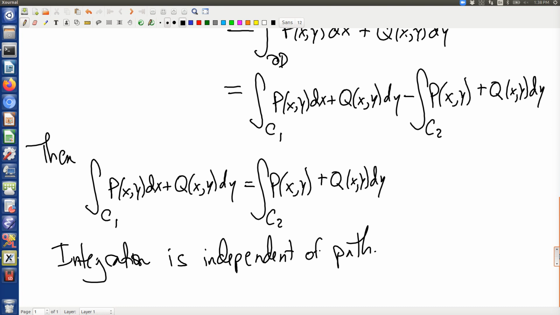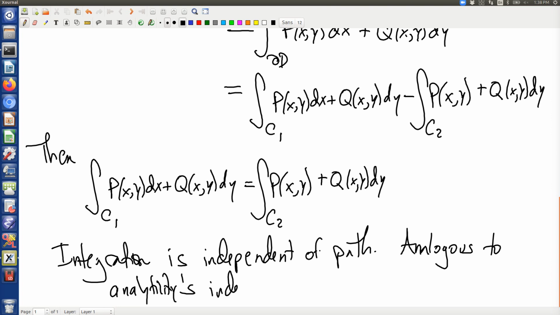So similarly here, this works very much like antiderivatives existing, even though antiderivatives don't really make too much sense in this context. So this is analogous to analyticity's independence of path property.